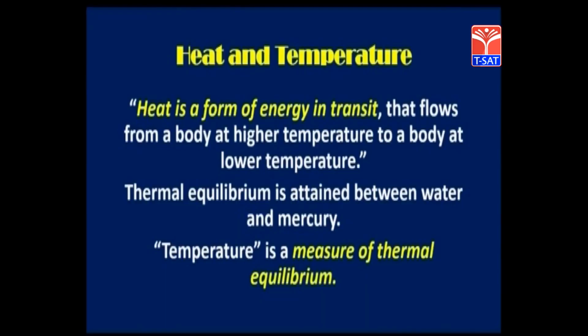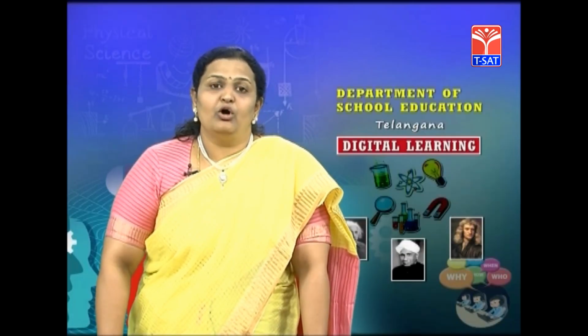So temperature is a measure of thermal equilibrium. This is another definition of temperature, children. When we are talking about two or more systems, temperature will be a measure of thermal equilibrium. I hope it is clear to you, children.